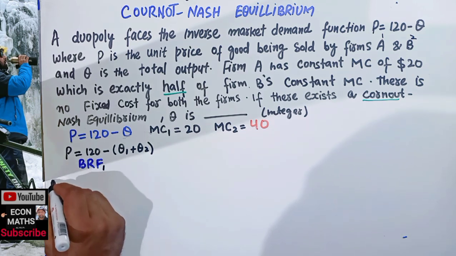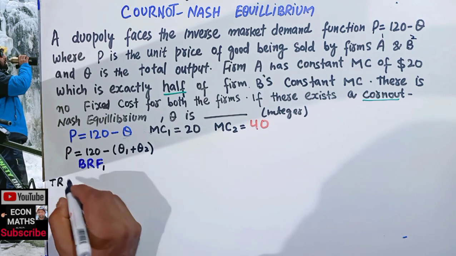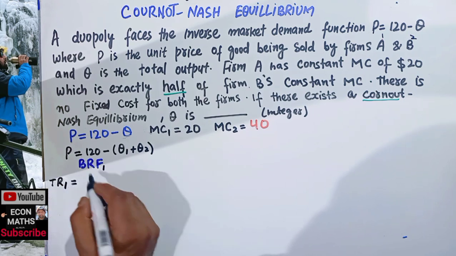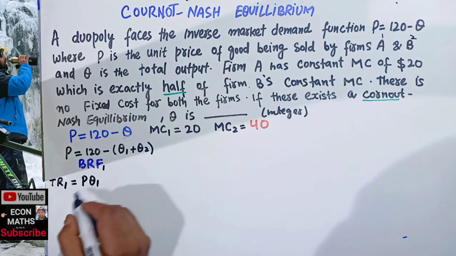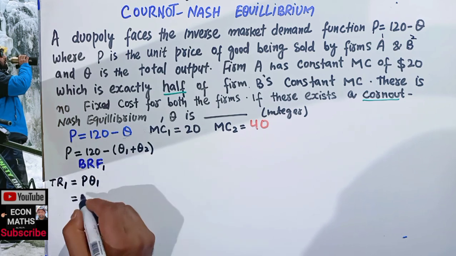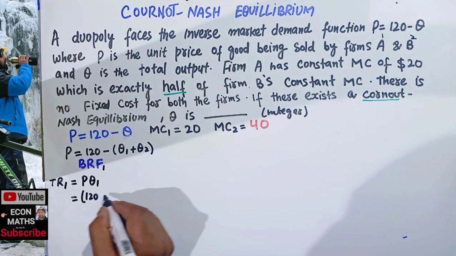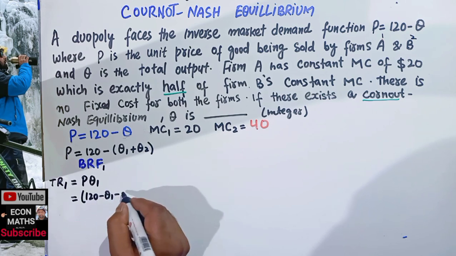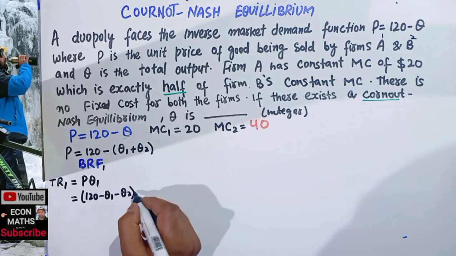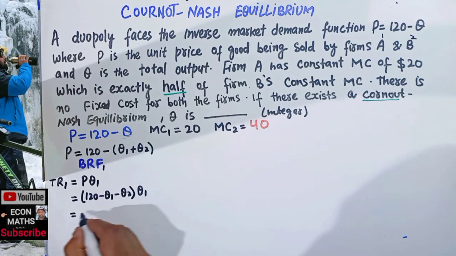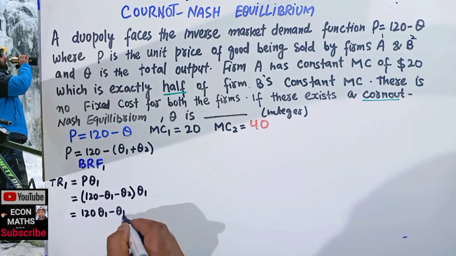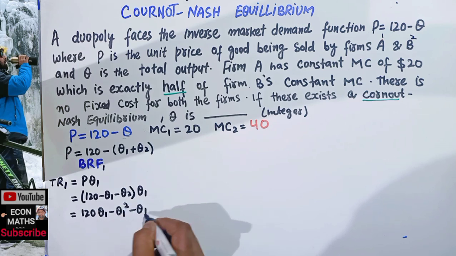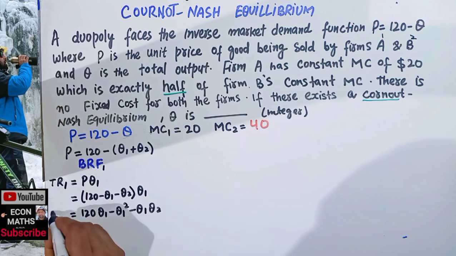So first we need to find the total revenue of firm 1. Let's denote it by TR. That will be equal to P into Q1. Our P is 120 minus Q1 minus Q2. To this we multiply Q1. So this becomes 120Q1 minus Q1 squared minus Q1Q2. This is the total revenue function of firm 1.